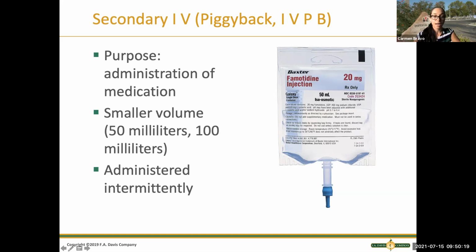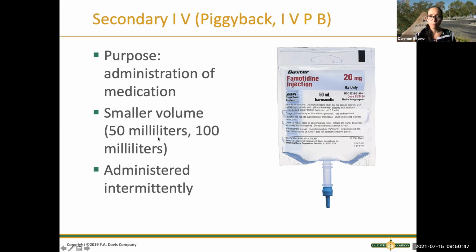So that means antibiotics, for example: if the patient is in the hospital, he has a primary infusion going continuously, and then he has a piggyback or secondary infusion, the antibiotics that should be given twice a day. So in one of those ports, from the primary bag, we connect the secondary bag, and then it'll infuse over 30 minutes or an hour, depending.